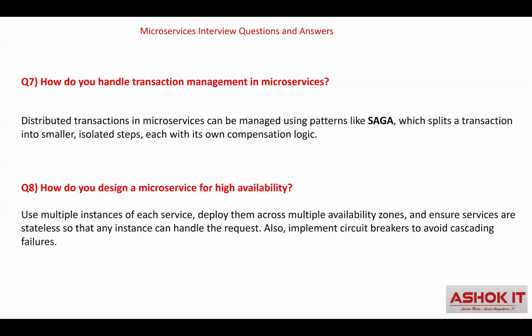Okay. How do you design a microservice for high availability? This is a very popular interview question. I'm designing an application with a lot of business critical functionality. How do you achieve a highly available microservice? The option is to create multiple instances of the service and deploy them across multiple availability zones, and ensure that services are stateless.